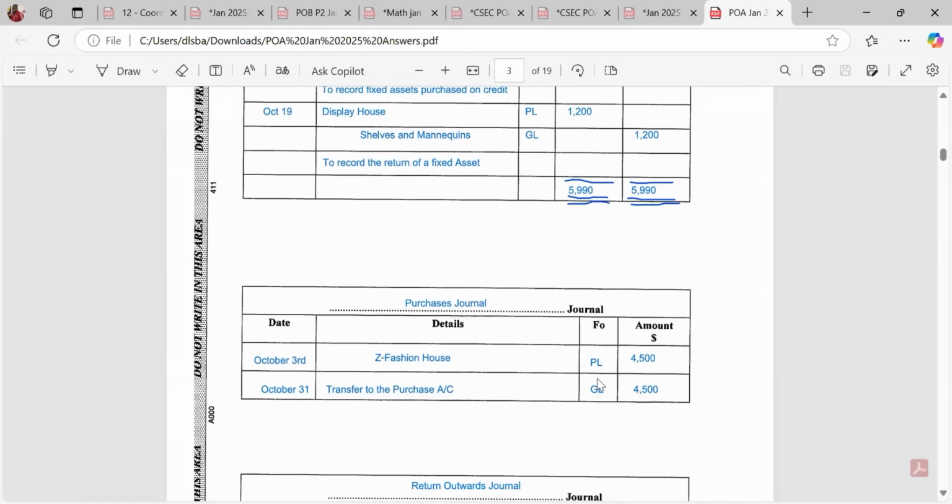Purchases journal, when you're doing the total, you have to put transfer to purchases account. Sales journal is transfer to sales account. Return inward is transfer to return inward account.